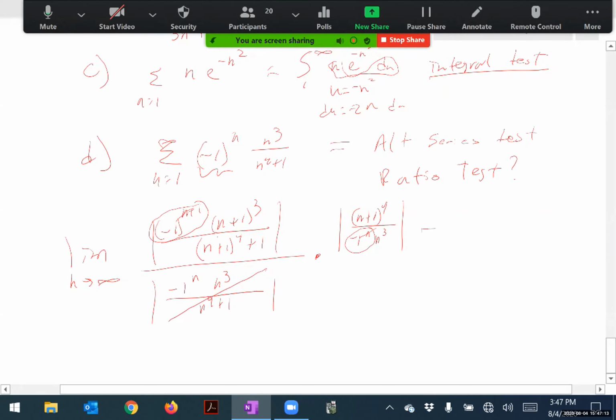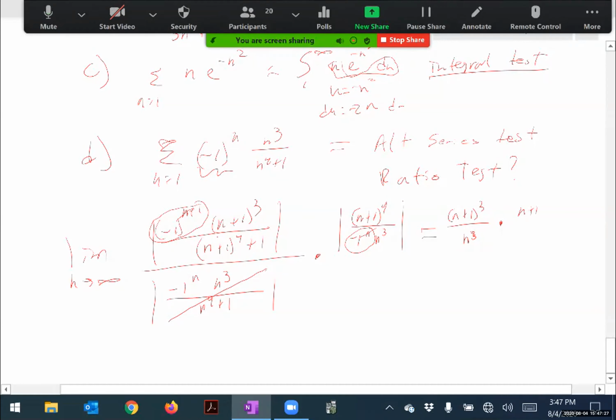So this thing is equal to, I'm going to write it like this, n cubed times n plus 1 to the fourth over, is that right? No, that's not right.